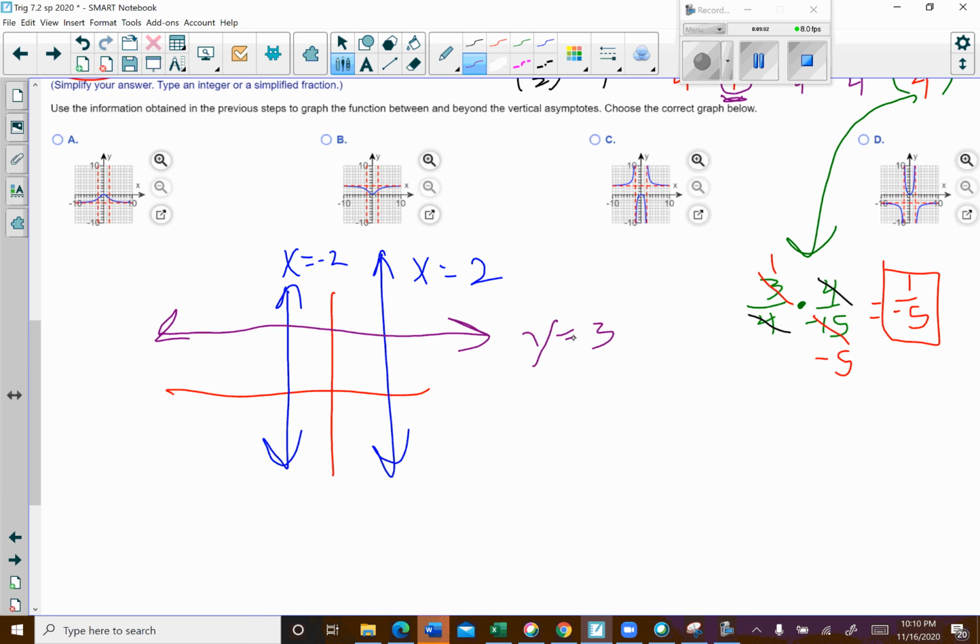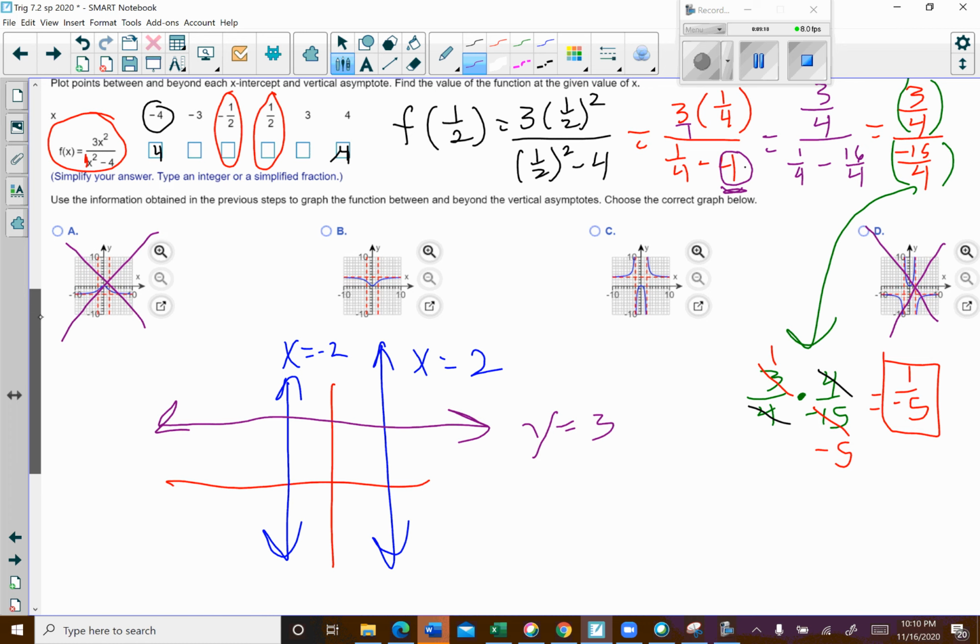Y equals 3. And so that kind of narrows it. It can't be D because the y asymptote's in the wrong spot. Same thing with A. So we've narrowed it down to B and C. Well, that's where the points come in up here in your table.